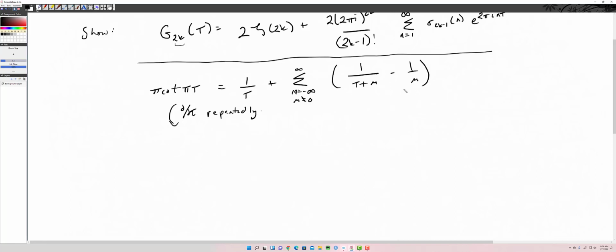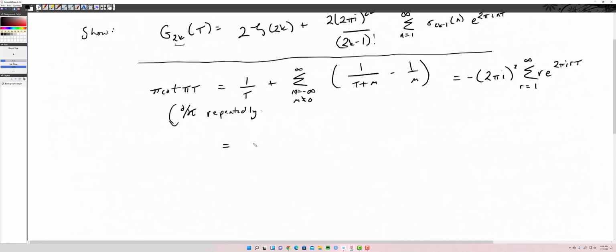And what we get, right, we can see this side of it as well in our notes. Repeatedly, what we get is something of this form.